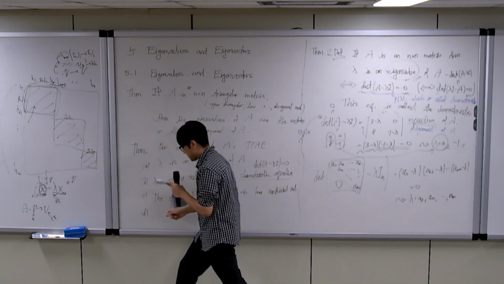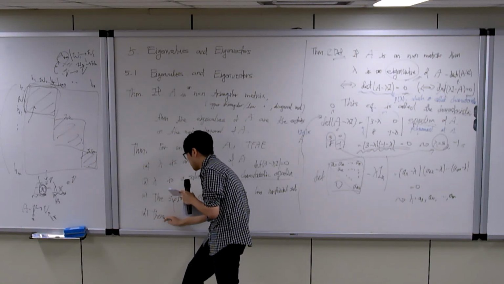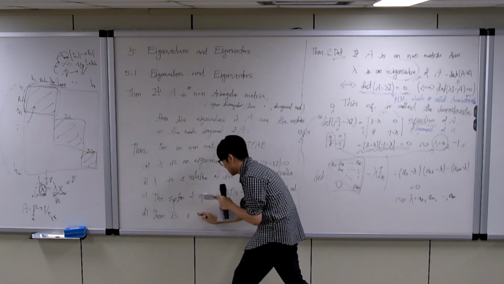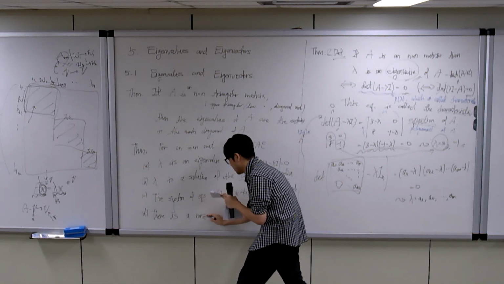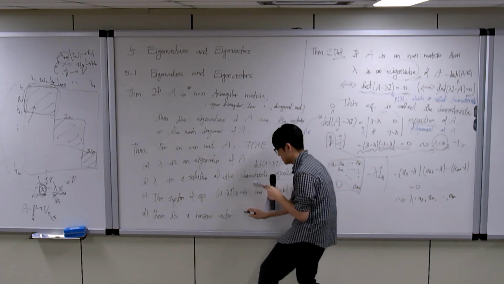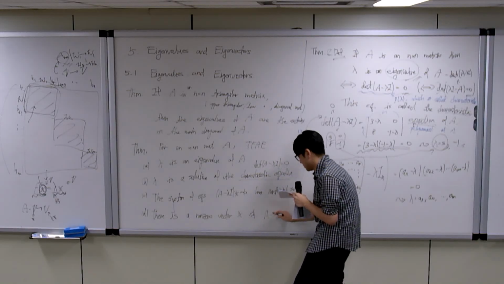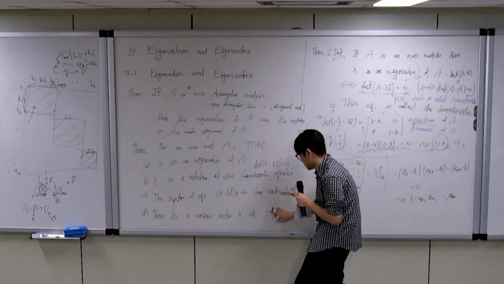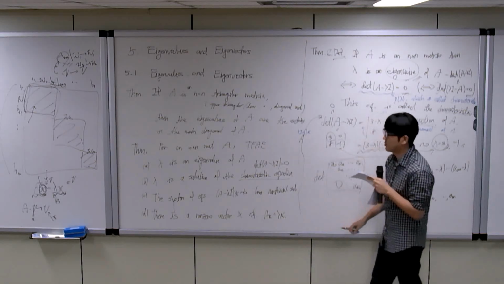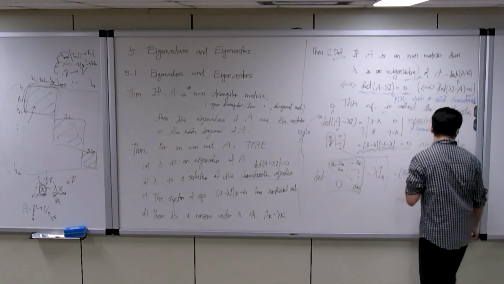And it is the same as that there are non-zero vectors x satisfying the first linear system here. We start from here, and these four notions are all the same.